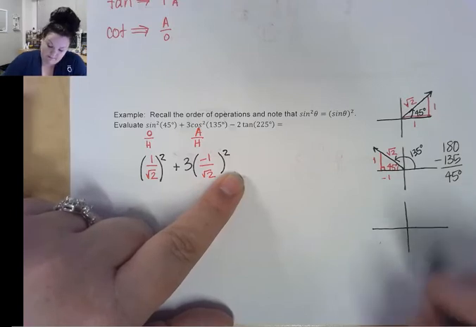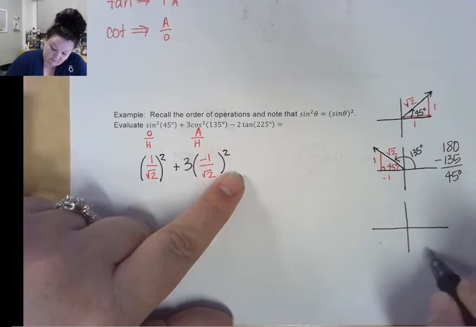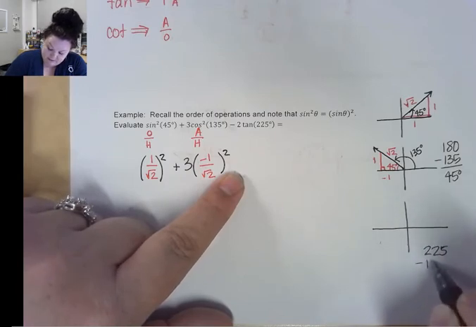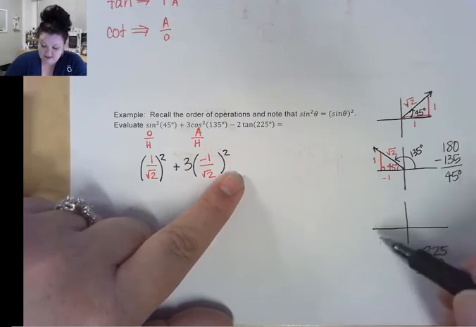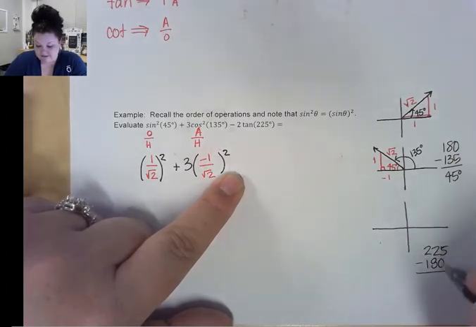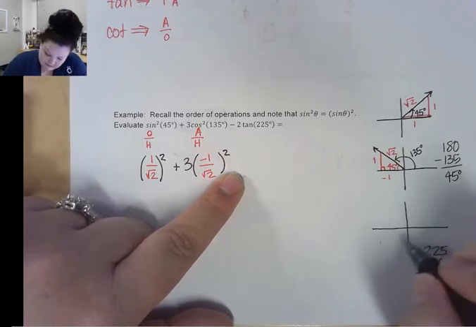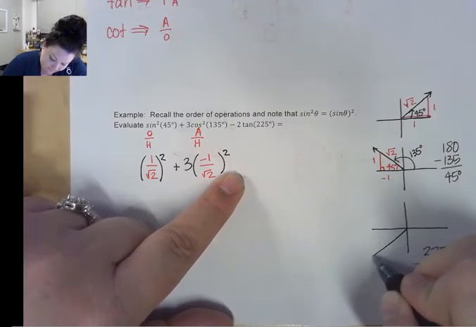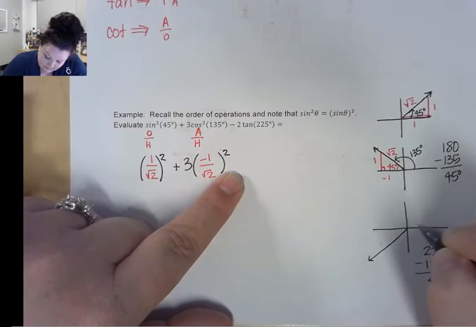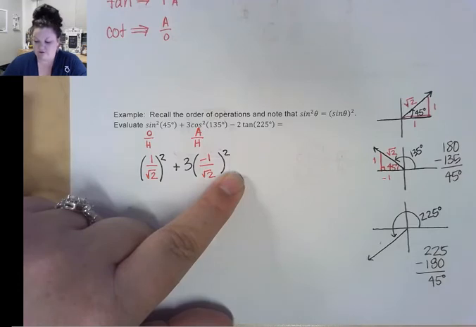Okay, so I'm going to go ahead and take 225 and subtract 180 to see how far past 180, 225 is. And it actually happens to be, ironically enough, 45 degrees past 180. Okay, so this is 225 degrees in standard form, right?